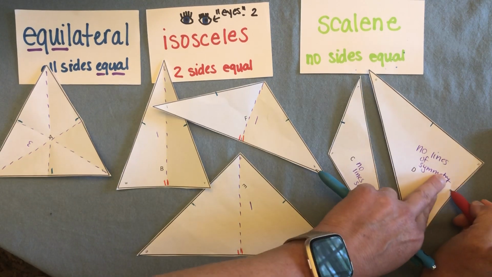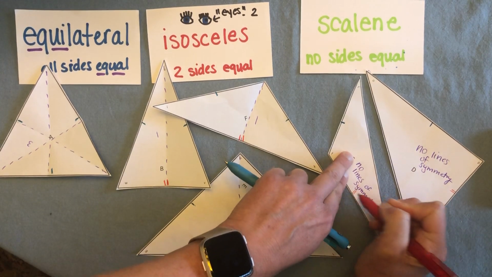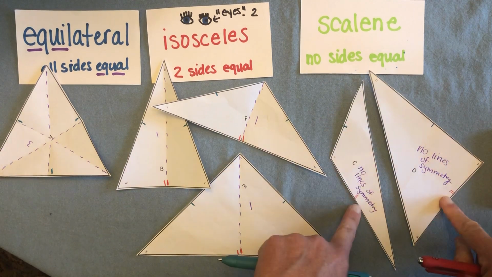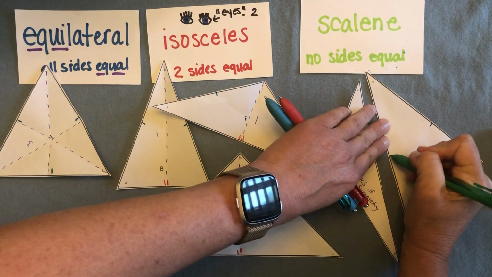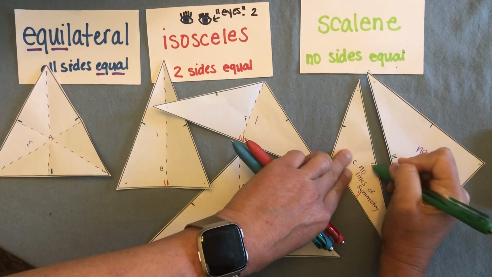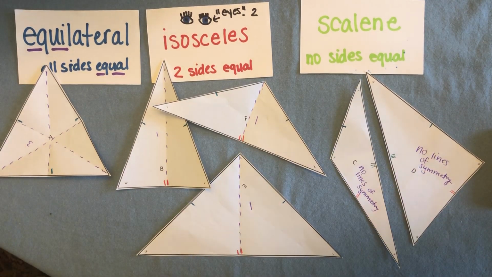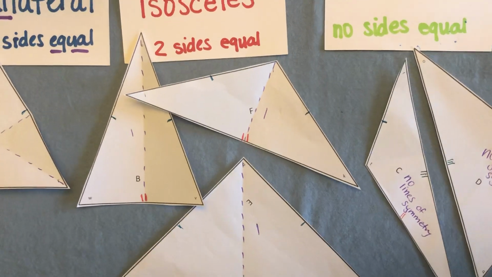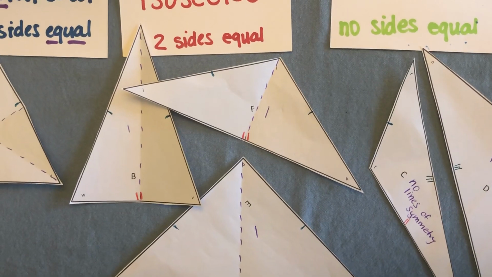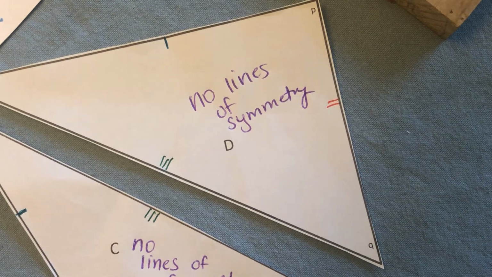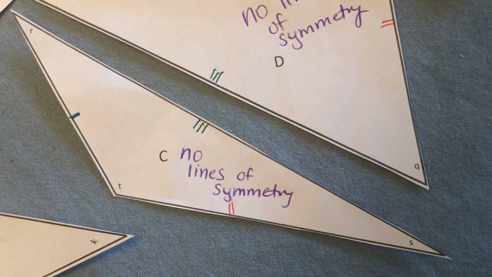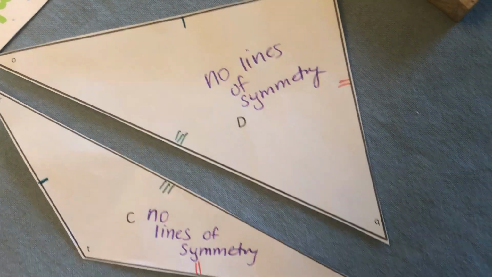Then I'm going to mark another side with 2 dashes, and that's showing that these are different from each other. And then in this particular triangle, there's a third side that's also different, so I'm going to mark it with 3 dashes. Let me show you that up close a little bit more. So it's got 3 different markings because the side lengths are all 3 different.